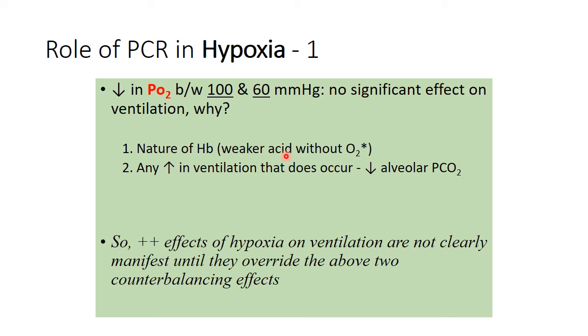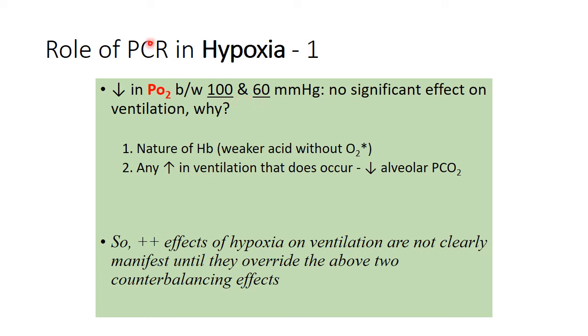So these are the 2 points which basically show us that a drop in PO2 from 100 to 60 does stimulate peripheral chemoreceptors, but at the same time there are 2 enemies of this stimulation.